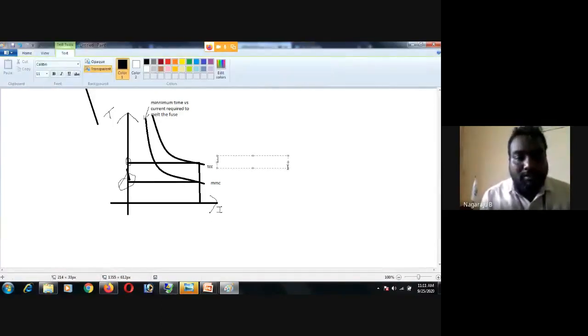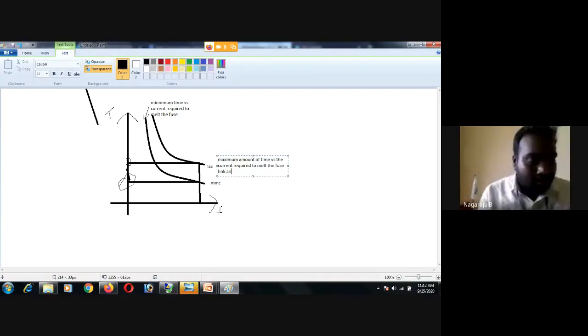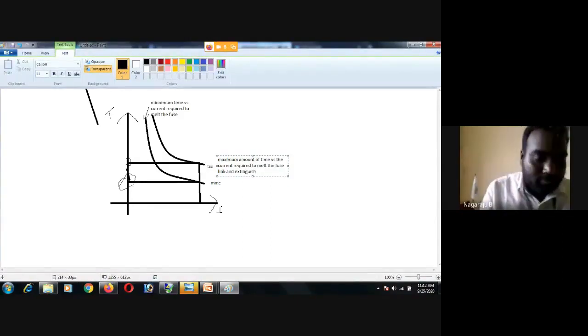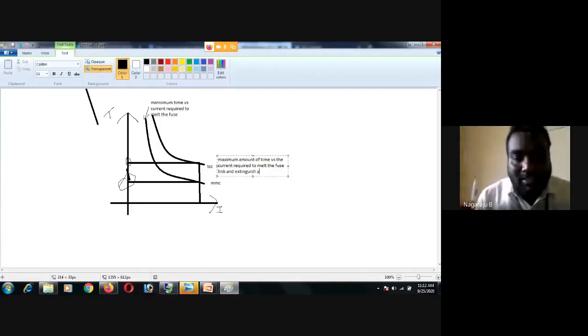And here in this TCC you will have maximum amount of current, maximum amount of time versus the current required to melt the fuse link, and the same amount of current to extinguish.